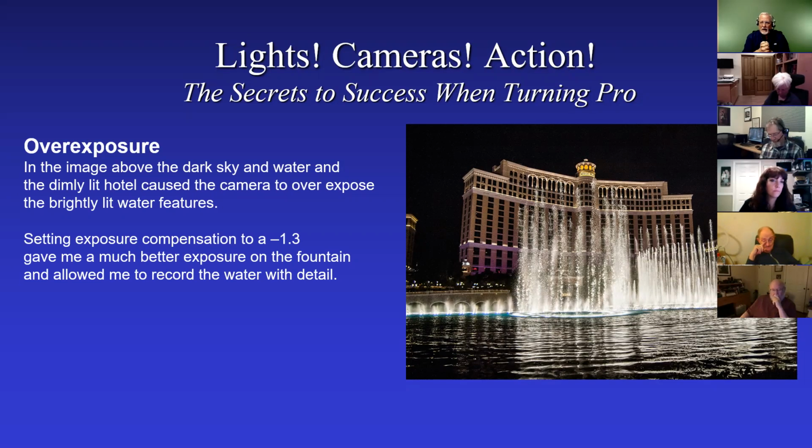The only way to use your in-camera meter and do it with certainty is to take all of your measurements off of an 18% gray card. So have your subject hold the 18% gray card wherever the light is where they're standing.